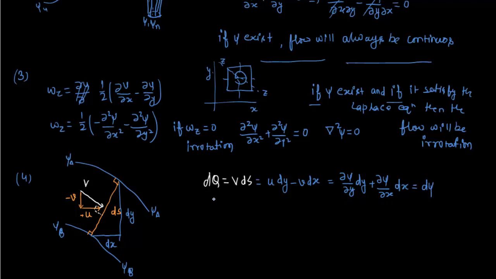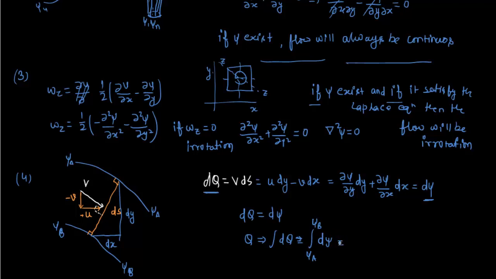So from here we can say that the discharge between two streamlines is the difference between the stream functions. So discharge dq is equal to d psi here. What is the total discharge between these two streamlines? We can integrate d psi from the stream function psi a to psi b, because we are considering the discharge between two streamlines.